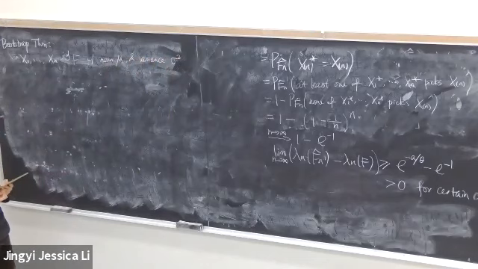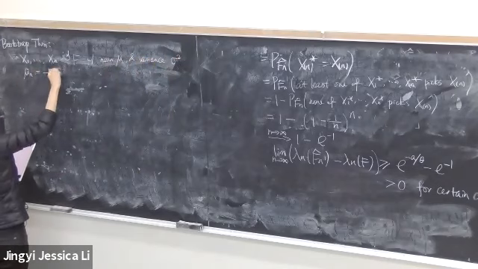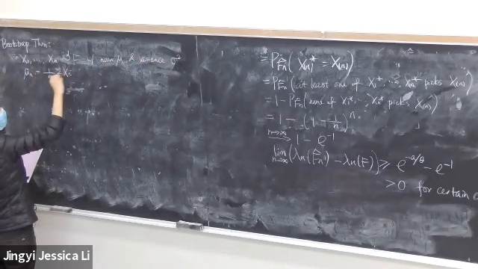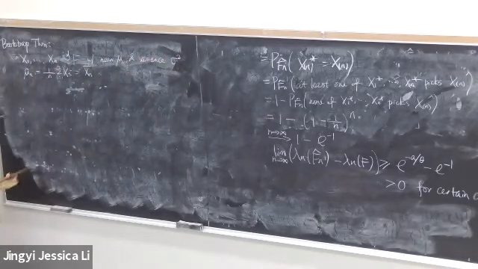In this case, clearly the estimator, mu n hat, is the average. We called this Xn bar previously.